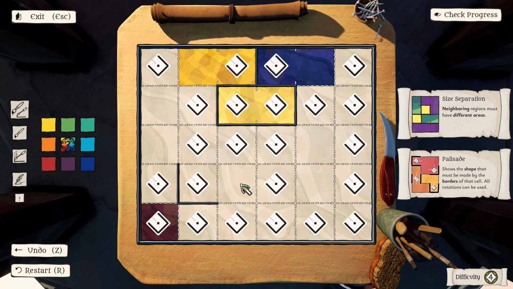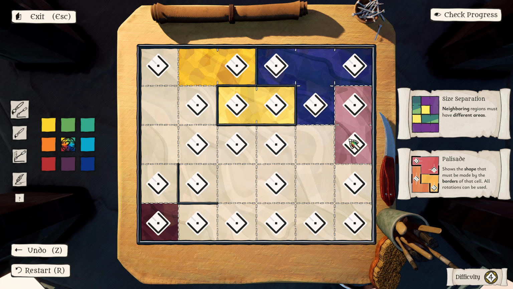Where else can we go? This could go down. I think one of them has to be a T, and the other one has to be a straight line and a straight line next to it, or a hook with a straight line next to it. I just don't know which right now. I can't really vocalize why, but I feel like that must go that way.